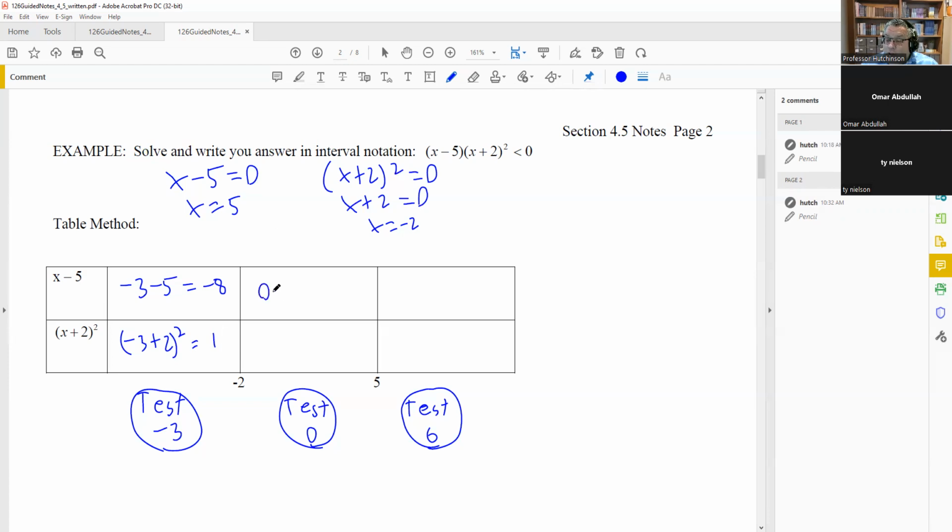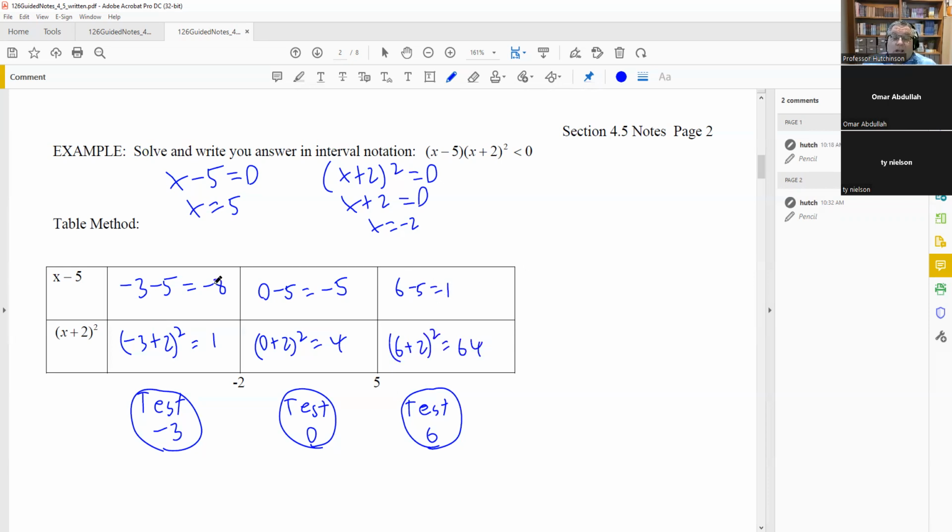If I put a 0 in there, 0 minus 5 equals -5. 0 plus 2 squared is going to give us a 4. And then for the 6, 6 minus 5 equals 1, and 6 plus 2 squared is going to give us a 64.